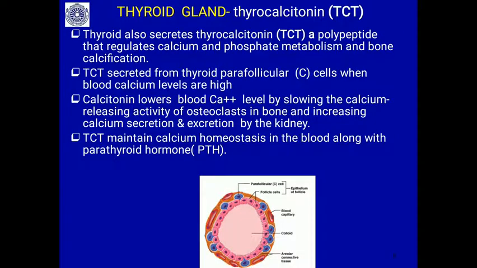Then the thyroid gland also secretes another hormone, thyrocalcitonin. This thyrocalcitonin is a polypeptide that regulates calcium and phosphate metabolism and bone calcification. Bone is strengthened by absorbing calcium, which is called calcification. It is secreted by the parafollicular cells, which are called C cells.